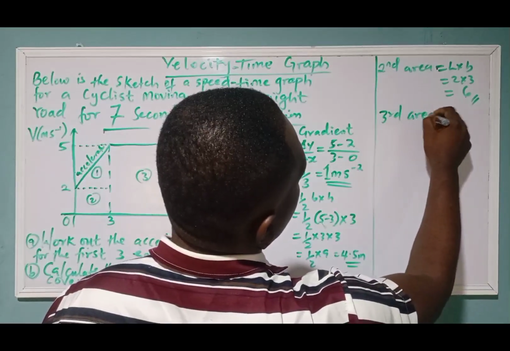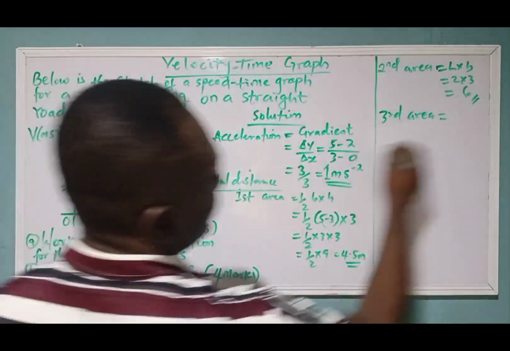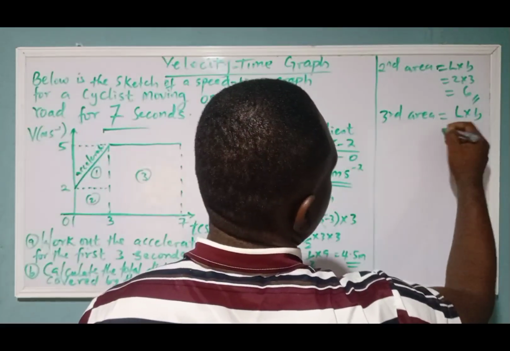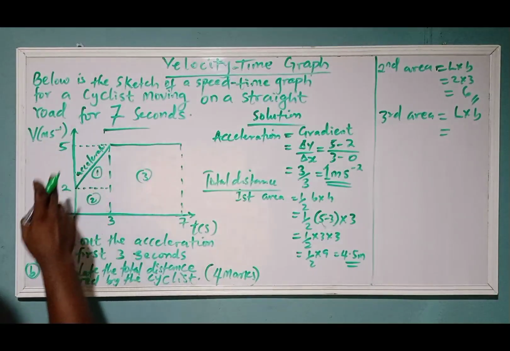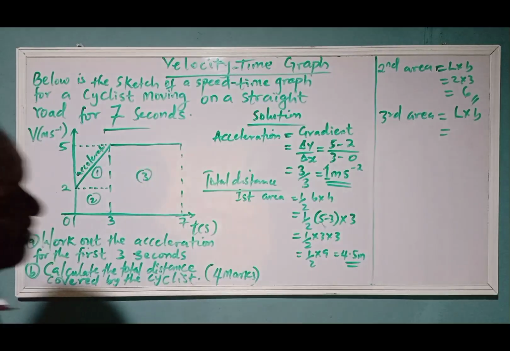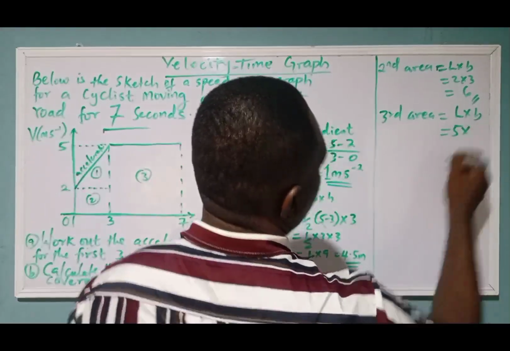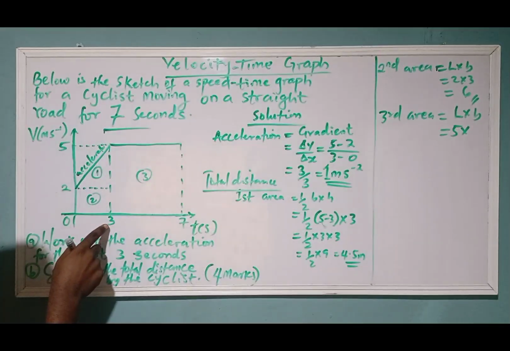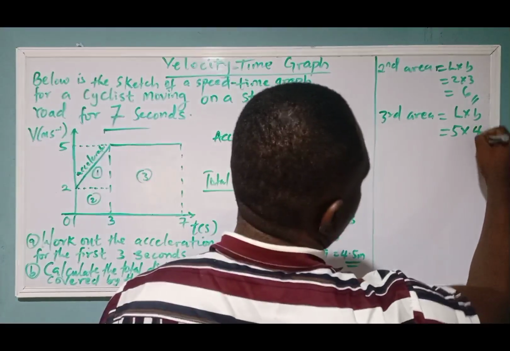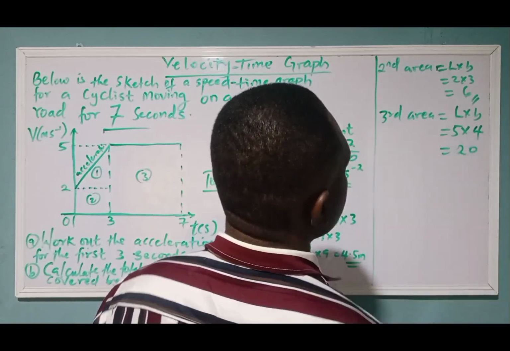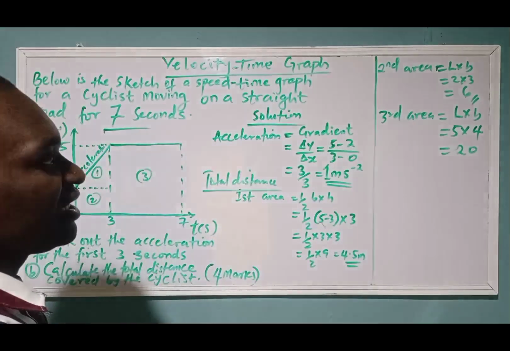That third area is also a rectangle, so it will be length times breadth. The length is 0 to 5, that's 5, and the breadth is 3 to 7, that's 4. That gives you 20.